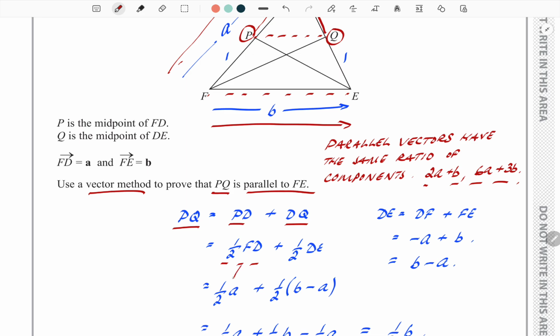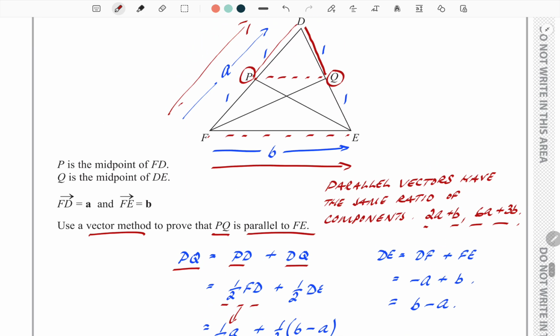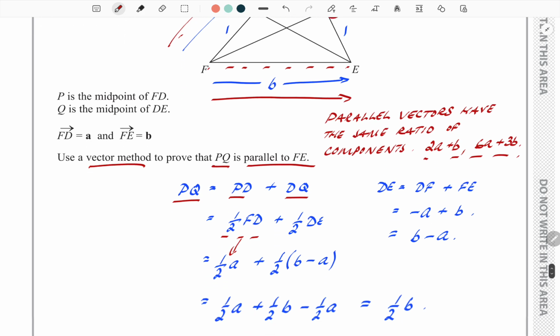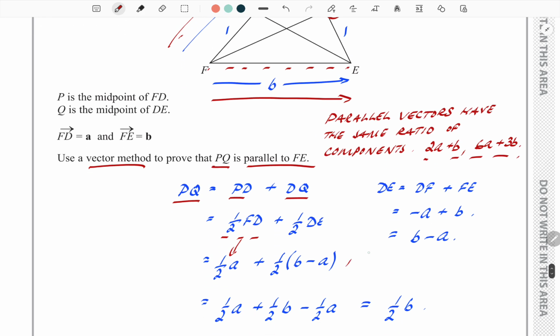We know, as I've already said, that P to D is simply half A because P is a midpoint. And then DE, this is a bit where we have to think about what we're doing. We don't know an exact vector for DE, so we're going to go D to F, F to E. So that's what I've done here. DE is DF plus FE.